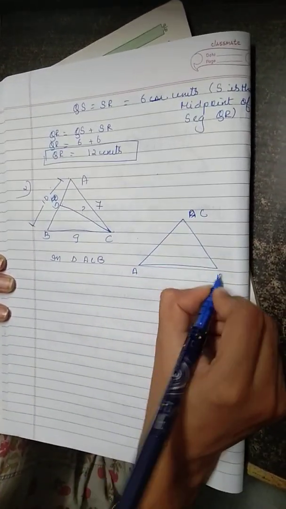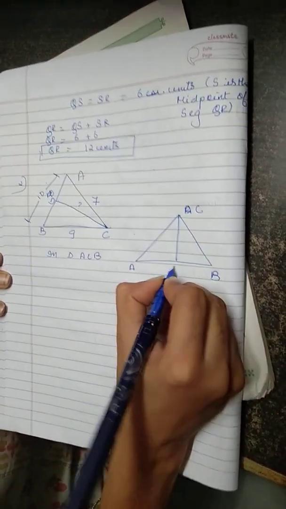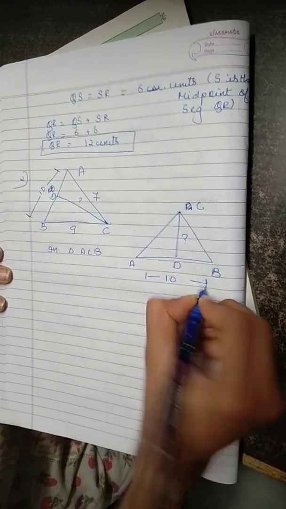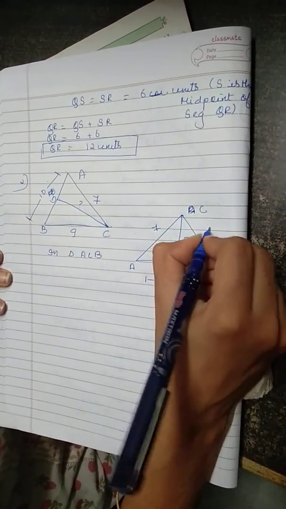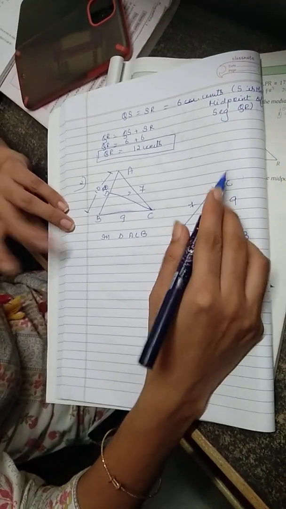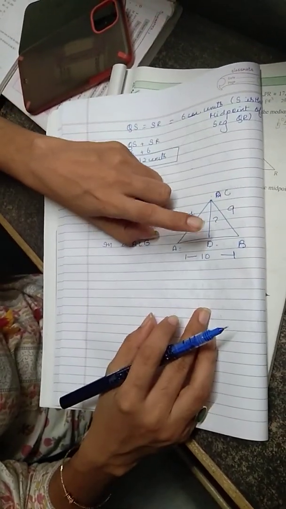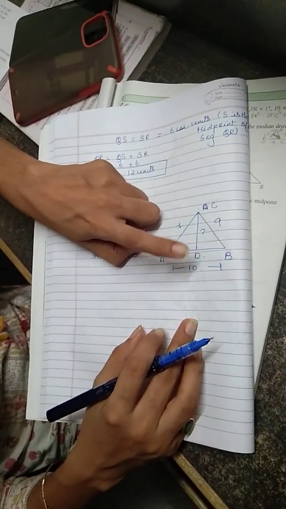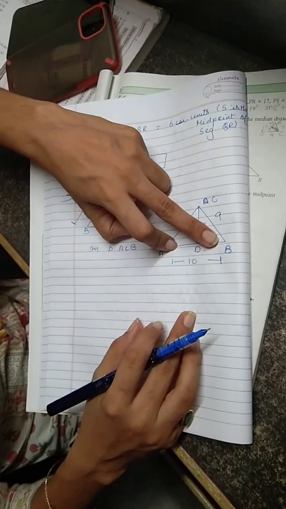This is A, this is B, D. CD is the unknown, AB is 10, AC is 7, BC is 9. Because CD is the median, D is the midpoint of seg AB. If D is the midpoint, then 10 will be divided into two equal parts.